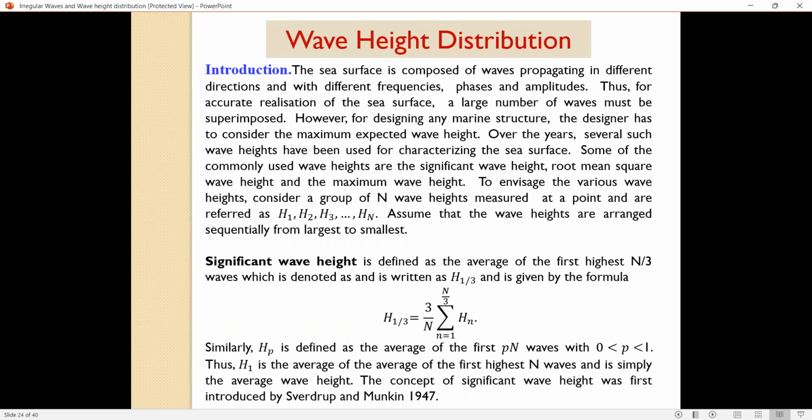Satellite pictures these days are also giving thousands of wave height values. In the early stages, when satellites were introduced for collecting ocean data, I have heard the story that we did not have interpreters. How to interpret that data? It gives so much data, we did not know how to filter and interpret it.